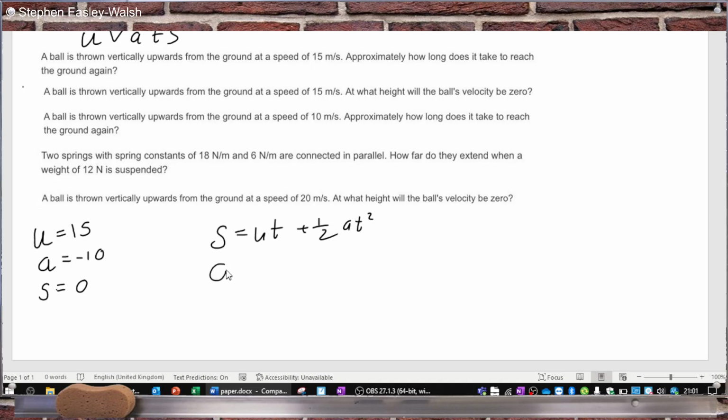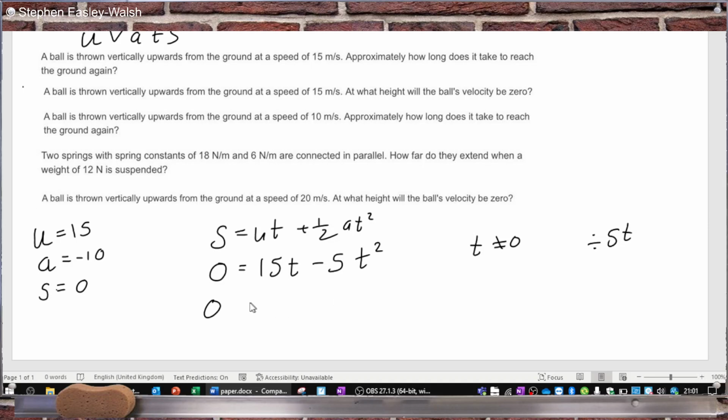So 0 equals UT plus a half A, so a half times minus 10 is minus 5, a half AT squared. If T is not allowed to be 0, then what we can do is divide this by 5T.